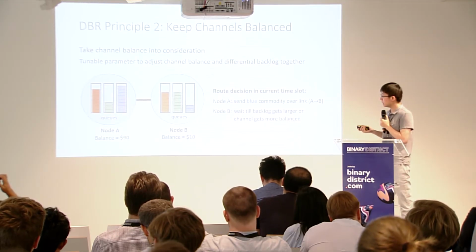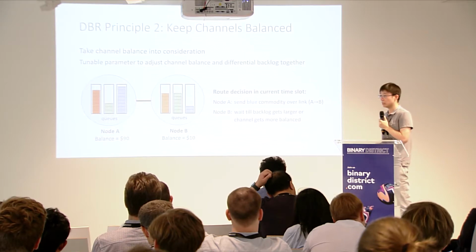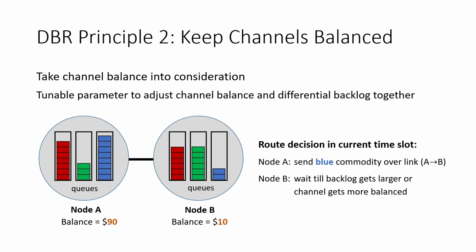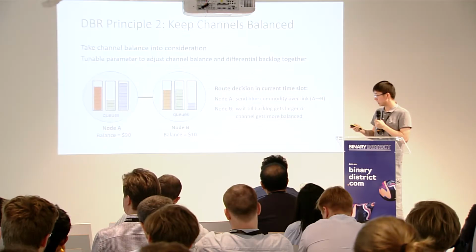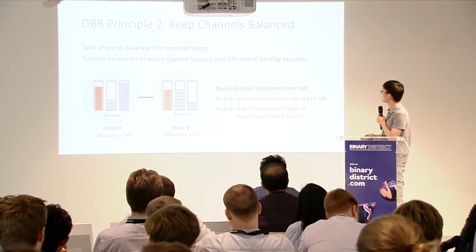But node B, since it already observes a significant imbalance of the channel, will wait until the backlog gets larger or the channel gets more imbalanced. All these parameters can be tuned so that the routing algorithm can choose a sweet spot between latency and channel balance.